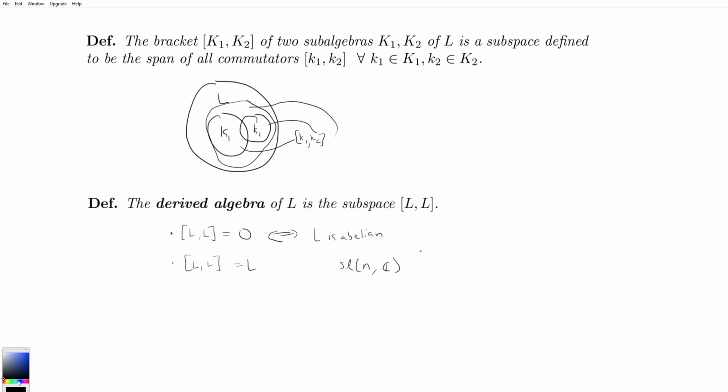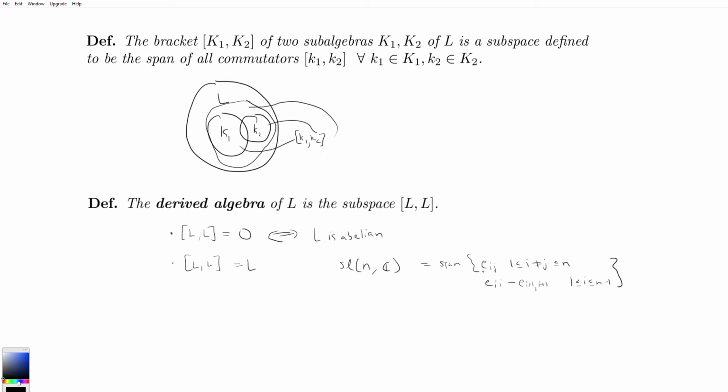Recall that a basis for this is the span of the E_ij, where 1 ≤ i ≠ j ≤ n, and then you have E_ii minus E_(i+1)(i+1), where 1 ≤ i ≤ n-1.